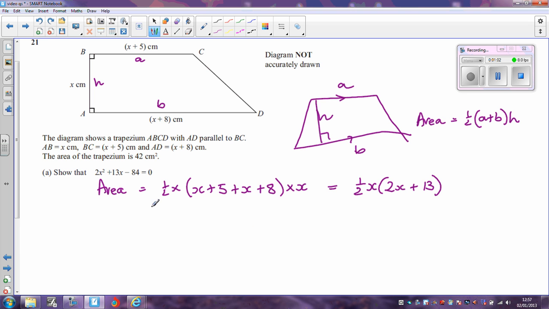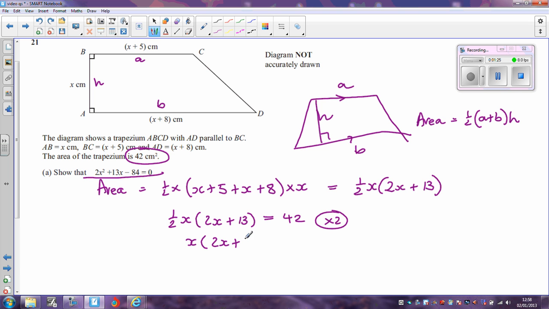And I'm told that the area of the trapezium is 42. In other words, half x multiplied by 2x plus 13 has to equal 42. What I'm trying to do now is rearrange that so it looks like a quadratic. First of all, let's get rid of the half by multiplying both sides by 2. If I multiply the half by 2, it just becomes 1. So I've now got x multiplied by 2x plus 13 is equal to 84.